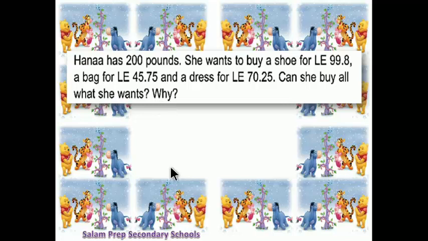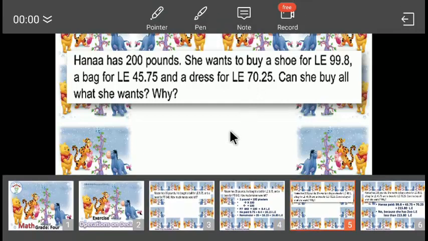Now we need to find the total amount. What will Hannah pay if she wants to buy these items? But take care. Please look at the amounts. We observe all amounts are in pounds so we can find what she will pay.